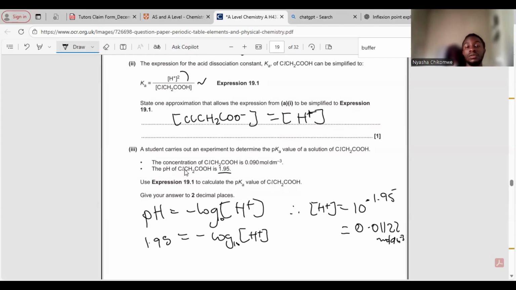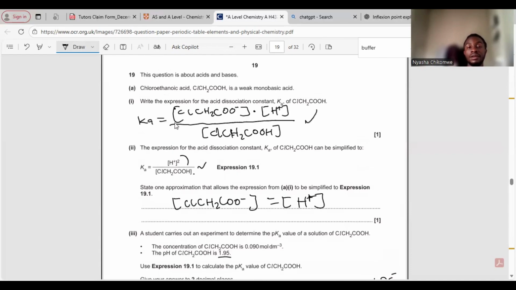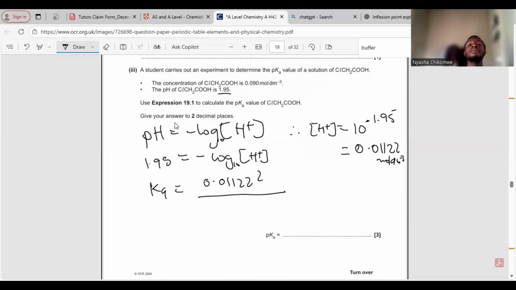We have the concentration of our acid. It's given here, 0.09. We can then find Ka. So Ka is equal to 0.01122 squared over 0.09. Then we can find Ka.